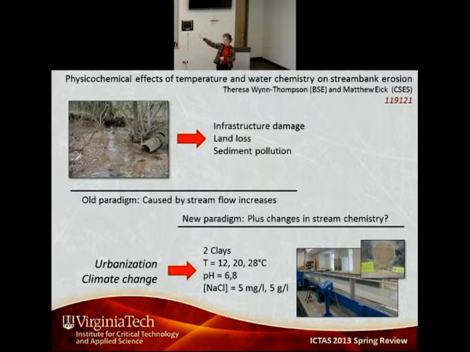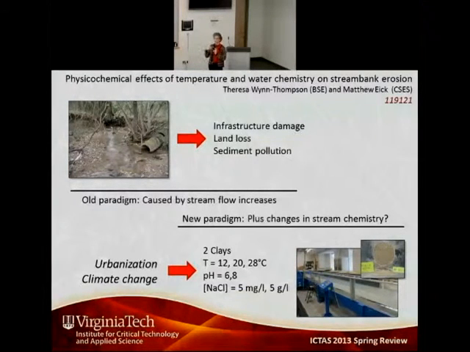Okay, and so our main paradigm in urban streams is it's the flow that's causing this. You put more water down the channel, it moves at a greater velocity, and it causes erosion. Well, that's true, but we're missing part of that, and that is when you have cohesive soils, which are very fine grained, the particles are so small that surface chemistry becomes important.